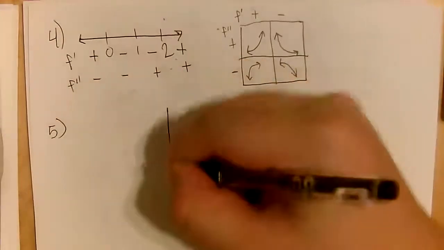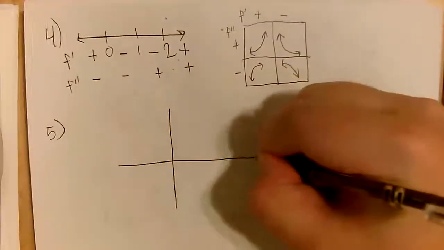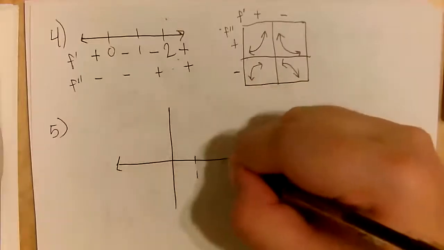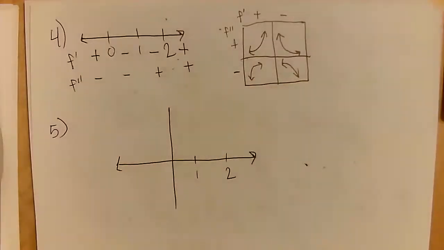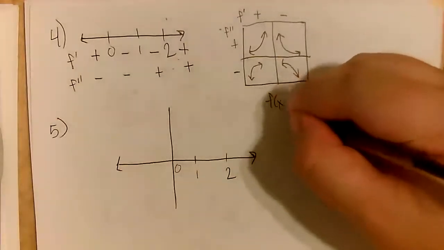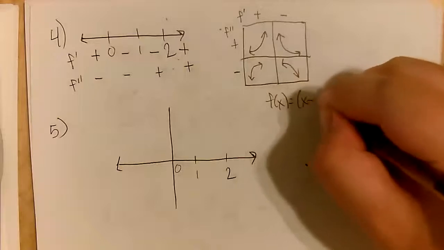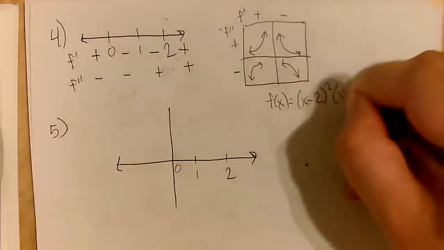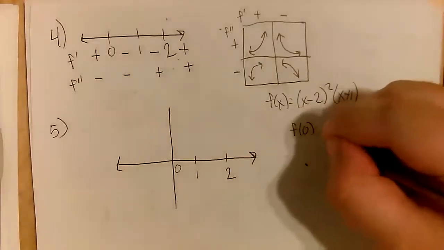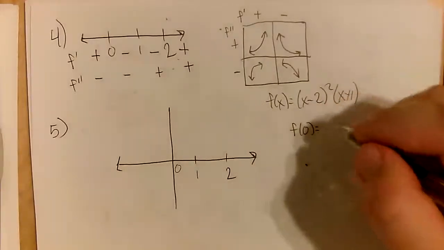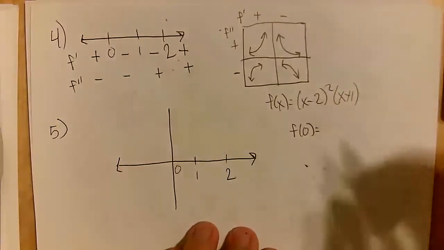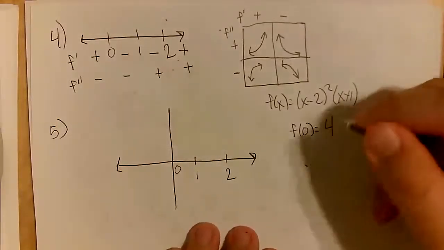All right, so let's move on to step 5 here. Let's begin plotting our important points. So we had important points at 0, 1, and 2. The function that we're graphing is x minus 2 squared times x plus 1. So f of 0, if we recall earlier, 0 was a local max. If I were to plug 0 into here, I end up getting 4.